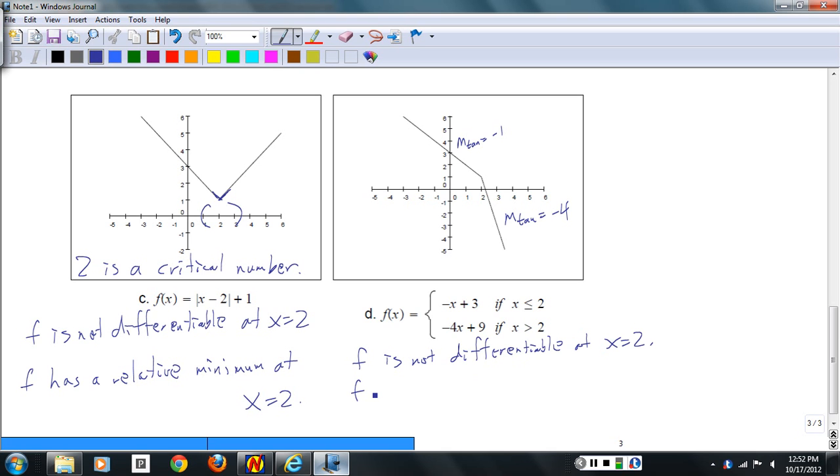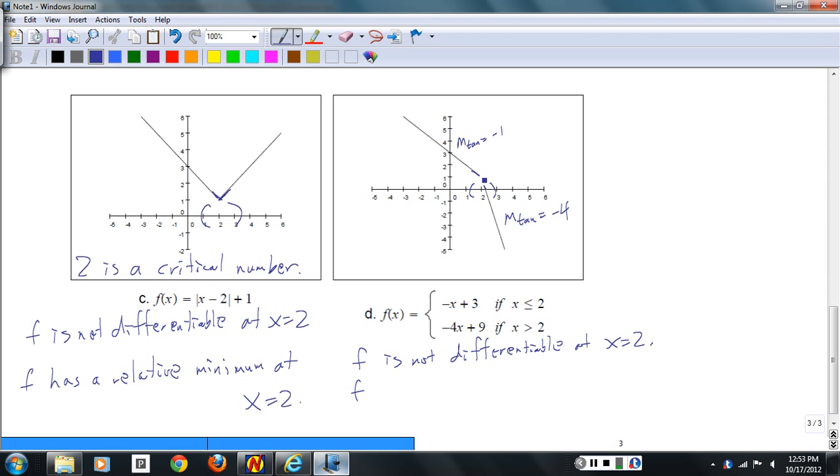Does f have a relative extremum at 2? It's not the bottom of a valley, even a pointy valley, or the top of a hill, even a pointy hill, because any open interval that we draw containing numbers a little to the left of 2 and numbers a little to the right of 2 is going to have values greater than 1 and also values less than 1.